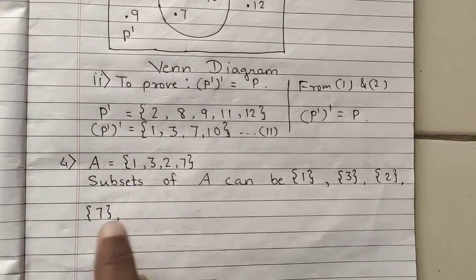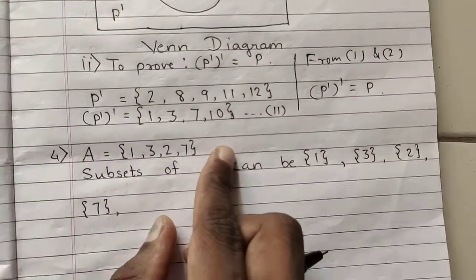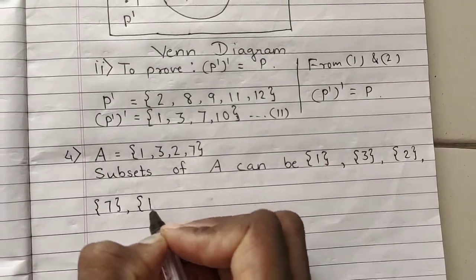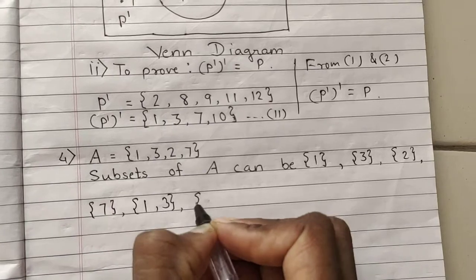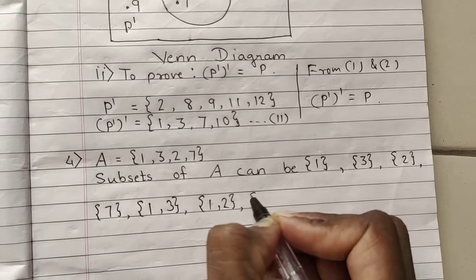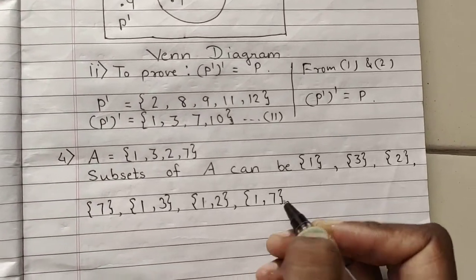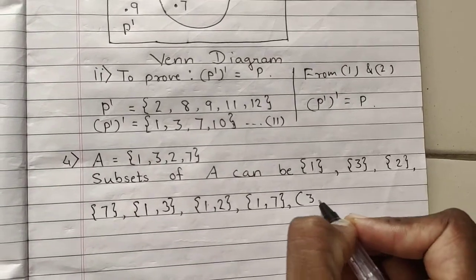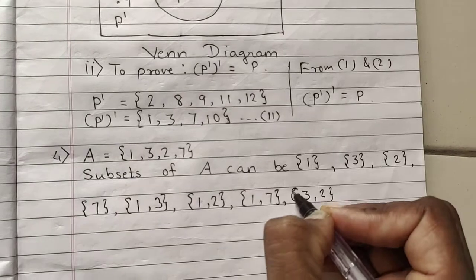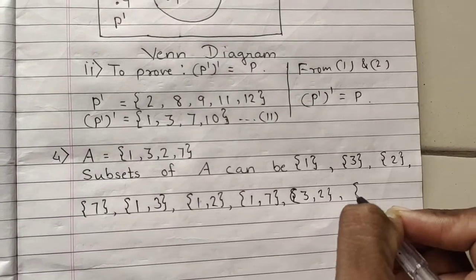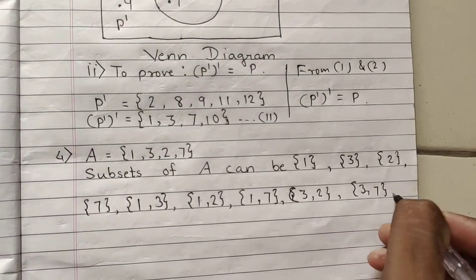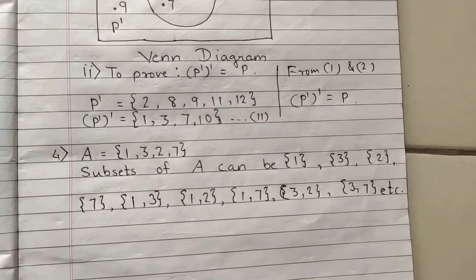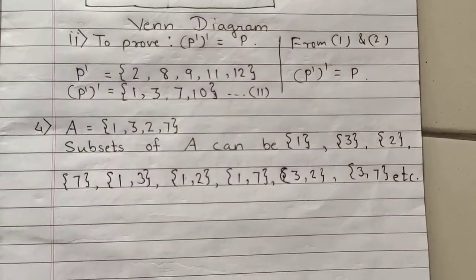So these all are subset of this. Or even you can write 2 element set like 1, 3, 1, 2, 1, 7, or you can have 3, 2, 3, 7, etc. There are many sets which can be subset.